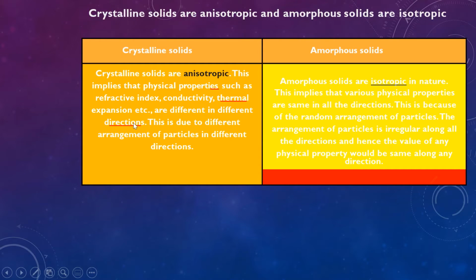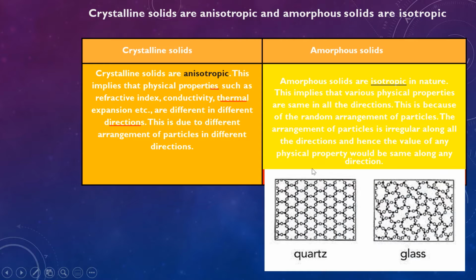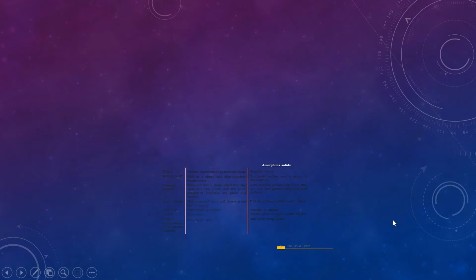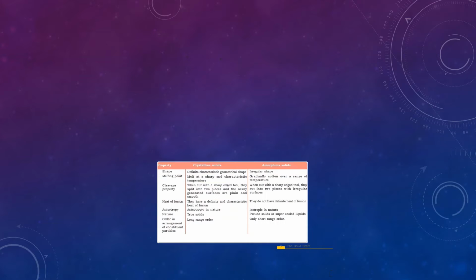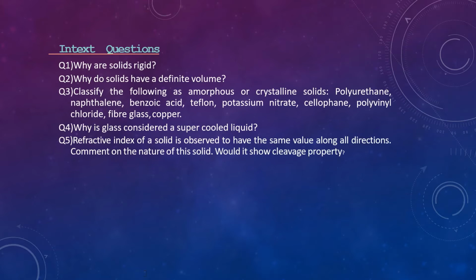Then the difference between crystalline and amorphous solids based on anisotropic and isotropic, both I have explained. This is the pictorial view again of how the atoms are arranged in quartz and amorphous. Then this is the difference in tabular form that we have studied from NCERT. Please go through it. The in-text questions, I have discussed all.